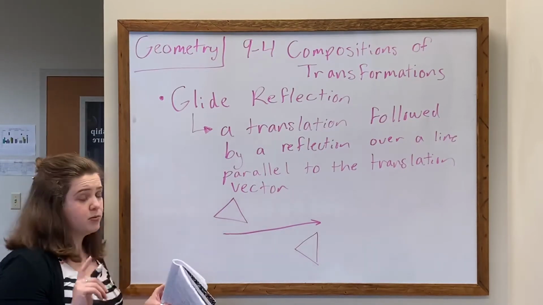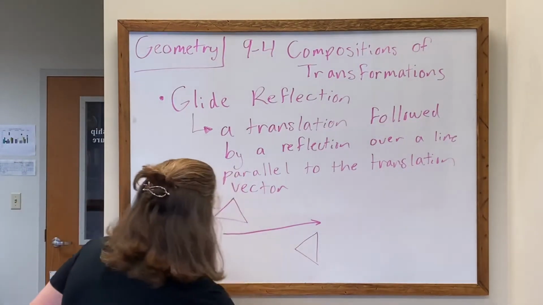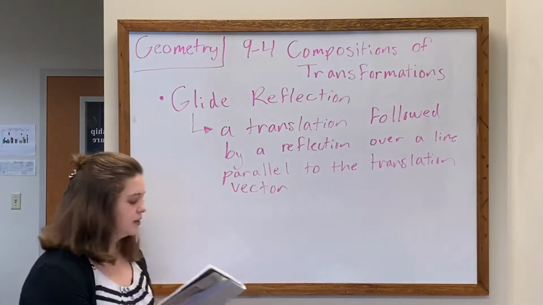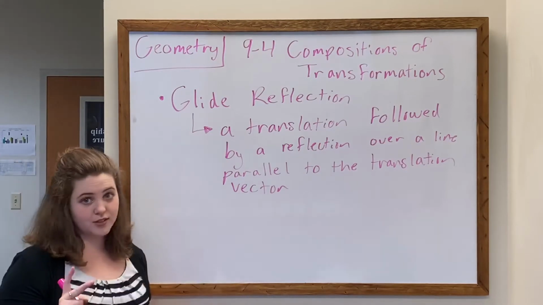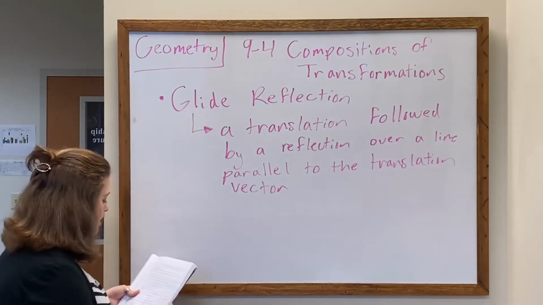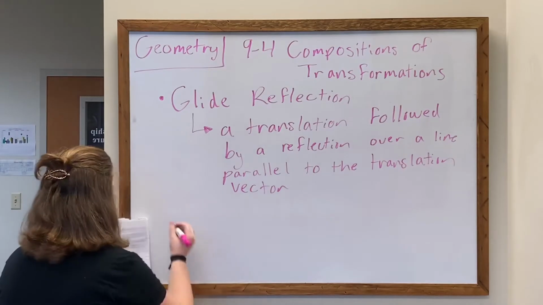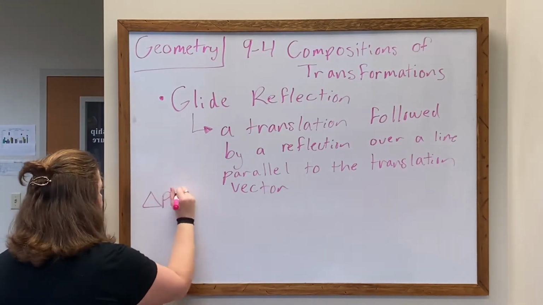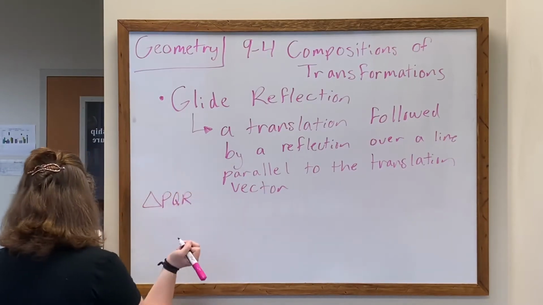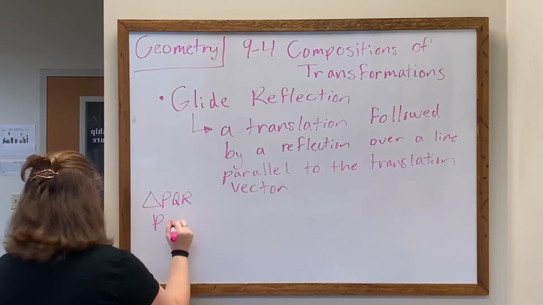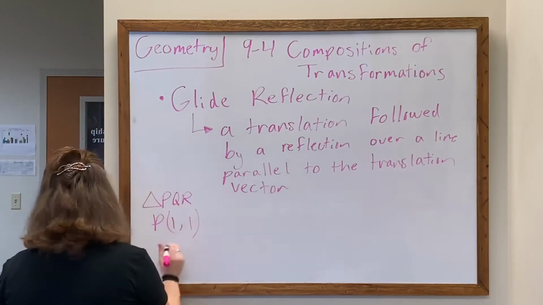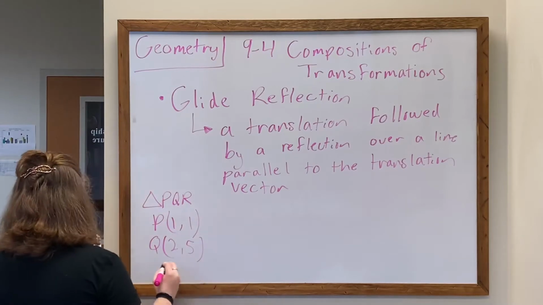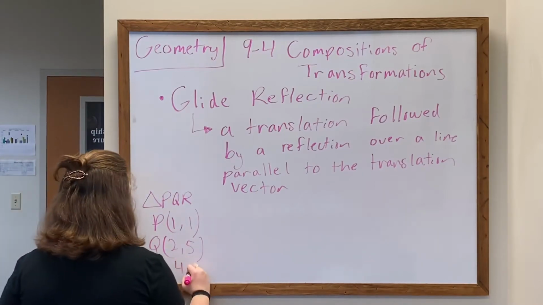Now what this means practically speaking, as we're having to graph them, is you're going to have to remember back to both of those lessons and do it one at a time. For example, you might see a problem that says, here's a triangle PQR. Point P is at 1, 1. Q is at 2, 5. And R is at 4, 2.